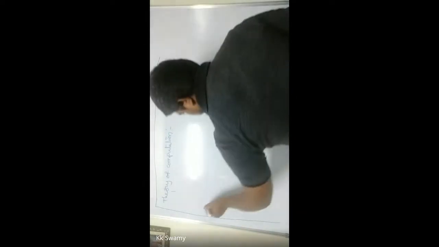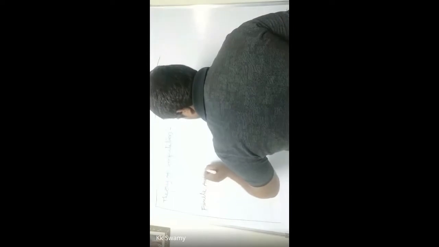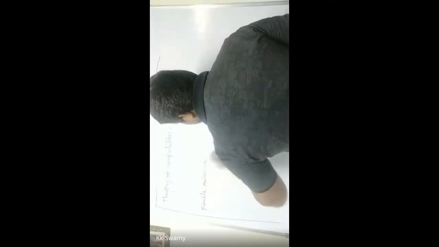Finite automata means everything is finite here. Automata means a self-acting device. Finite automata is a self-acting device or self-acting model. Then what are the types here?